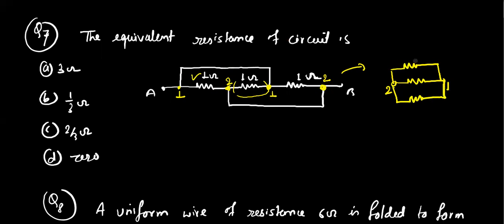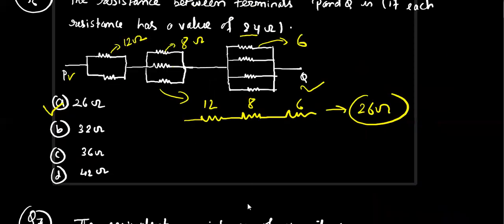So the simplified form of this combination is the parallel combination of three resistances, and the resistances have equal value, that's why the equivalent value of resistance will be 1/3 of the individual value. That's why the answer is option B. Well, this is the solution for question number 7.